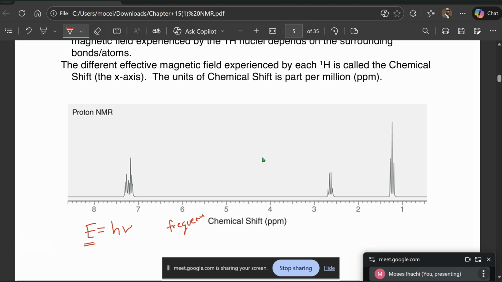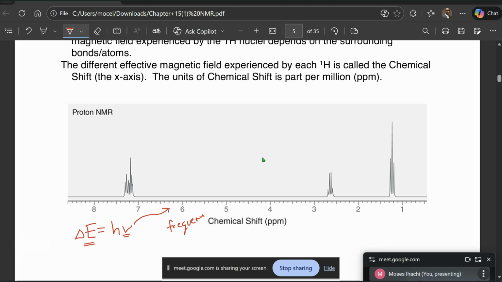Okay. So if you know the energy difference that was lost, we call it relaxation. When the spin relaxes to its original state, it's called relaxation. There's energy given out. There's an energy difference, delta E, that relates to frequency. So the NMR plots the graph based on the frequency. Okay? Yeah.